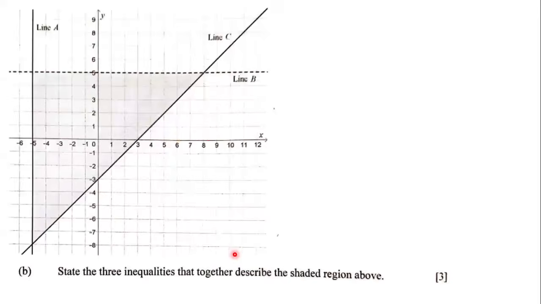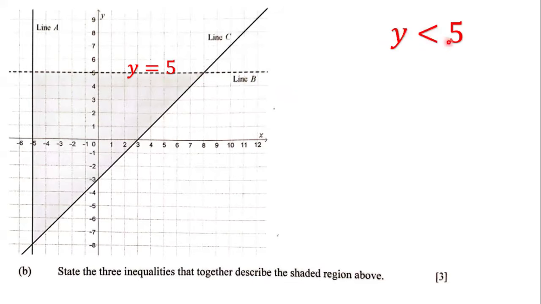Moving right along. It says state 3 inequalities that together describe the shaded region above. So we have to use 3 inequalities that together describe the shaded region above. And so let's first start off with this line, y is equal to 5. And so what we notice is, what is y is less than 5?